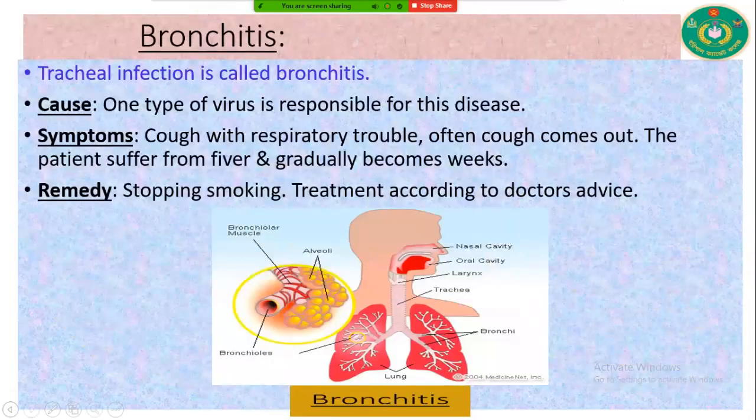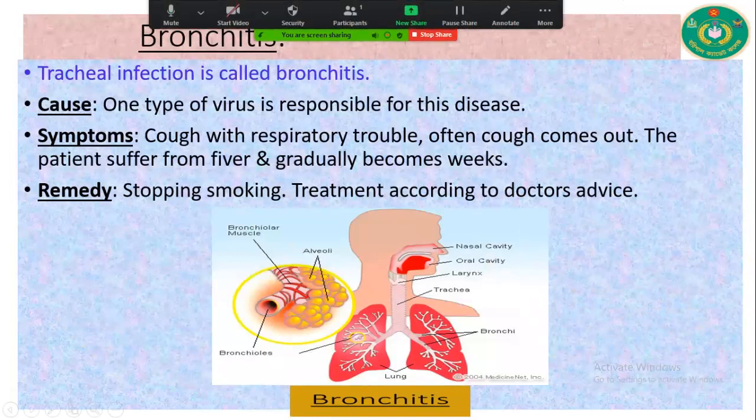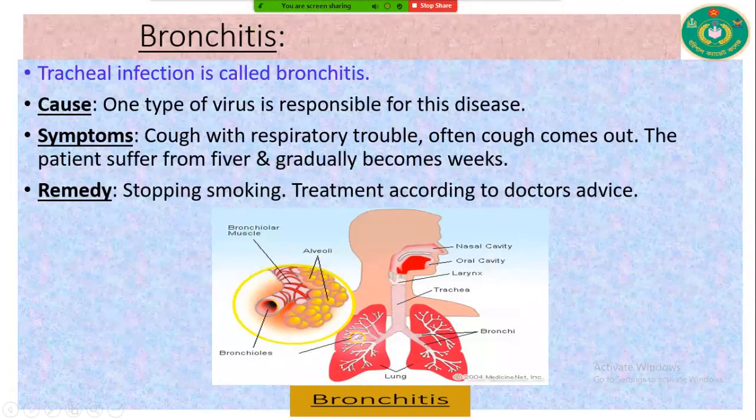Okay, boys. Now we discuss bronchitis. Tracheal infection is called bronchitis. One type of virus is responsible for this disease. The bronchitis symptoms: cough with respiratory trouble, often cough comes out.